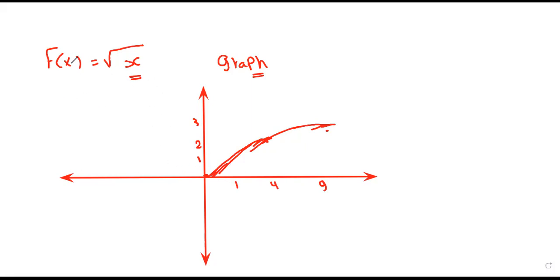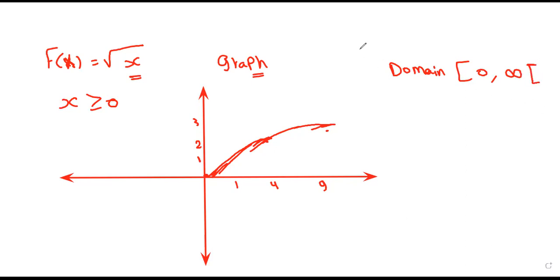So this function is defined for all values of x which are greater than or equal to 0. Because what is the meaning of the domain? Simple. The domain means what are the values of x we can get. So in this case, the domain is 0 closed and positive infinity.